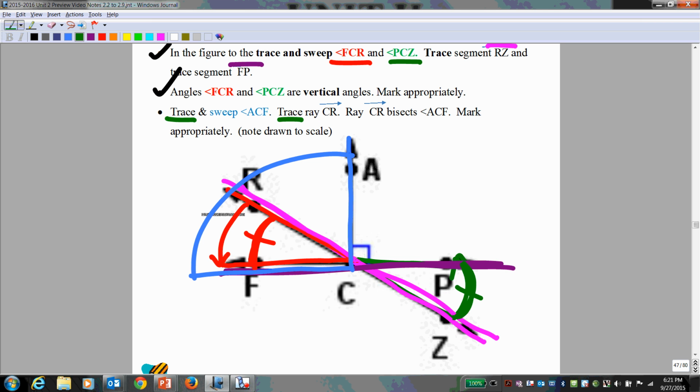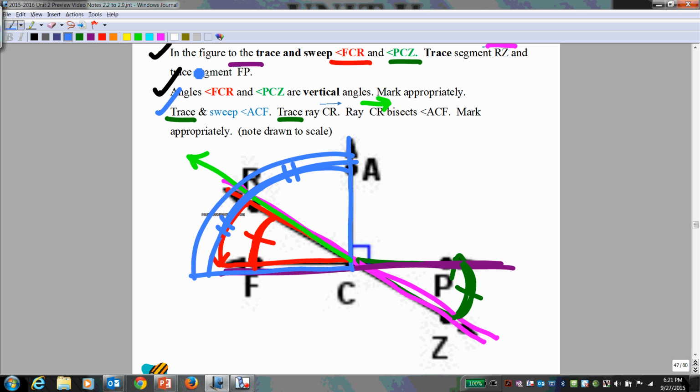You are not using your eyeballs to grasp this. You're using your fingertips. That's why we're tracing. So we trace ACF. Now we trace the ray CR. And ray CR bisects ACF. So we know this is going to be true. It's going to cut this in half. That's your second set of angles that are congruent.